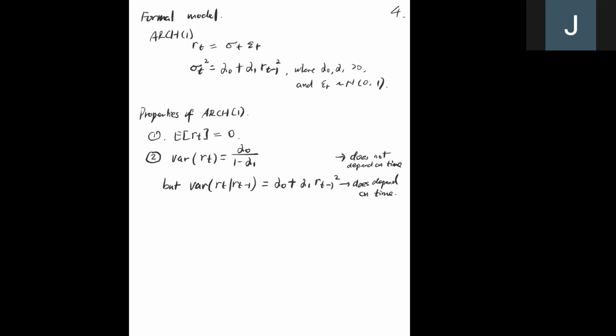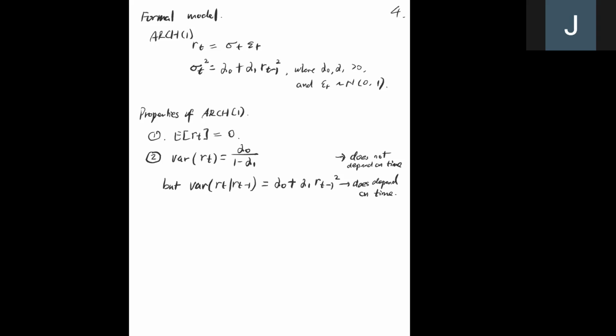This is actually exactly what we're seeing from our Dow Jones return. We're seeing the mean of the return is 0, and the ACF and the PACF plots suggest that it looks like a white noise. So we will say that its variance is a constant, and this is what we see here. It does not depend on time.